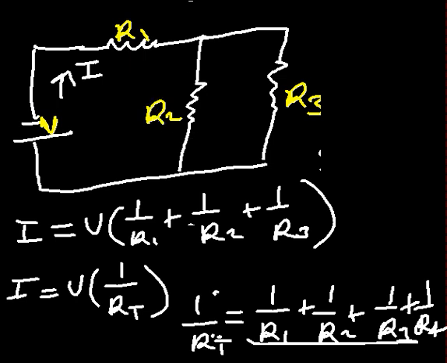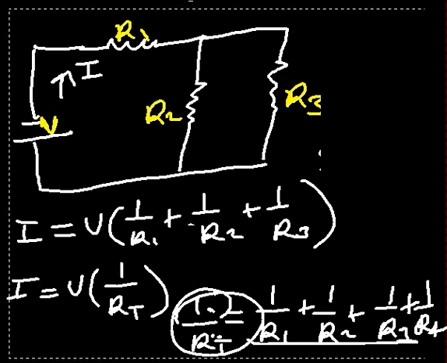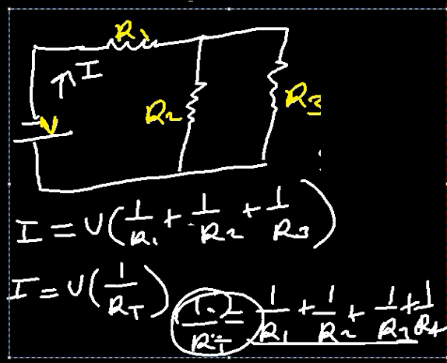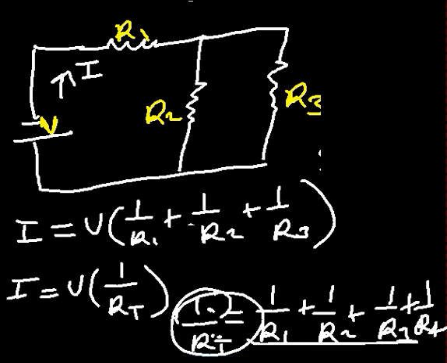So the more we connect resistors in parallel, the more we reduce the total resistance. You also see that effect mathematically. For instance, let's say this is a 2 ohm resistor, this is 5 ohm, and this is a 10 ohm resistor. You see that the total resistance will be less than this.